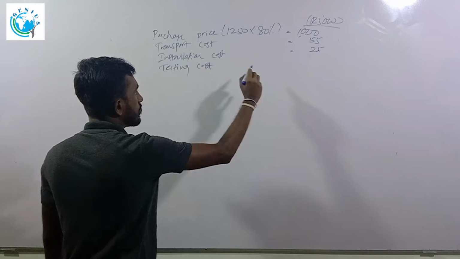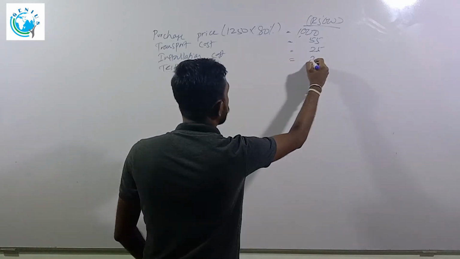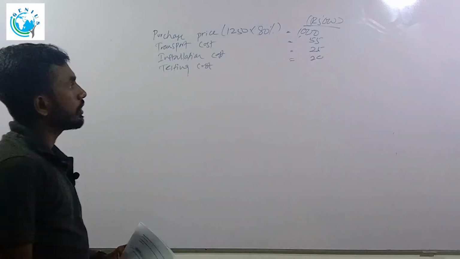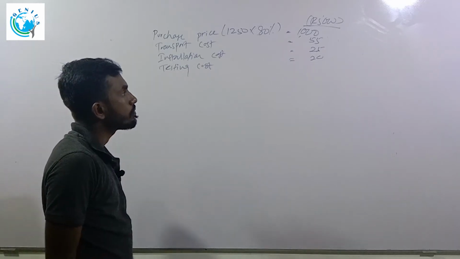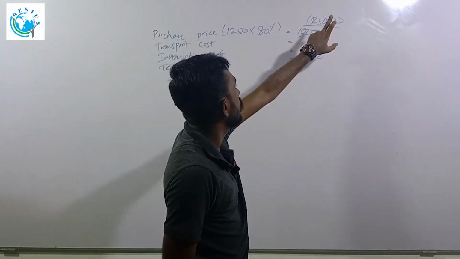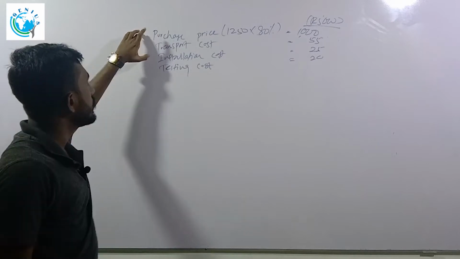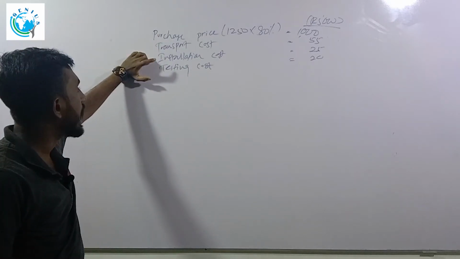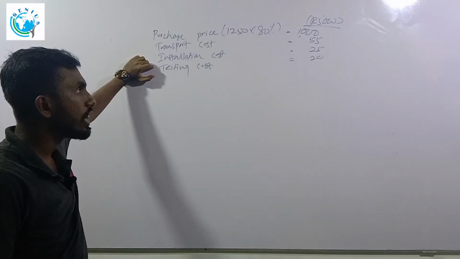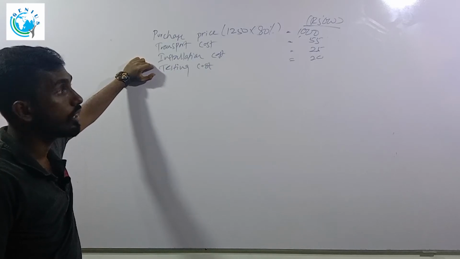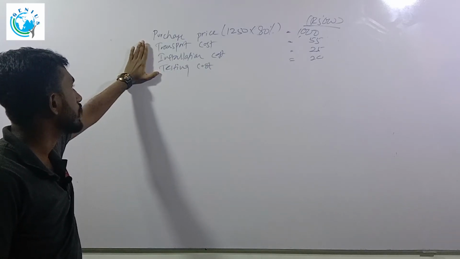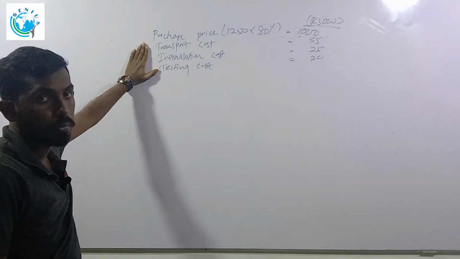Testing cost is 20. So the total of purchase price, transport cost, installation cost, and testing cost comprise the cost of the machinery.